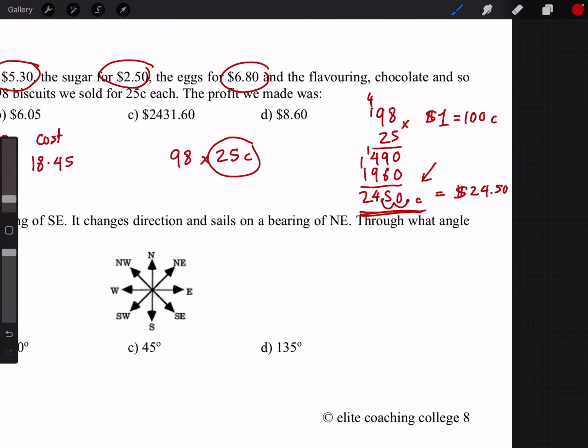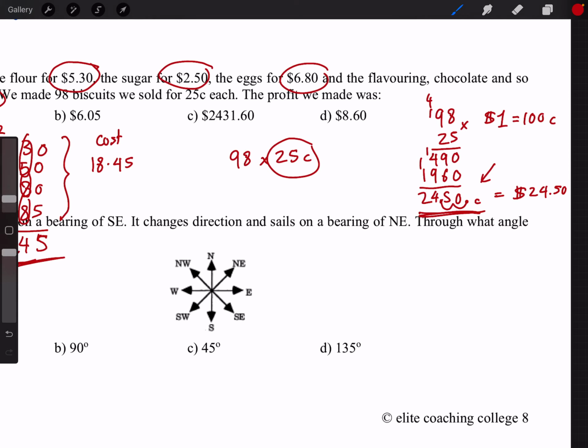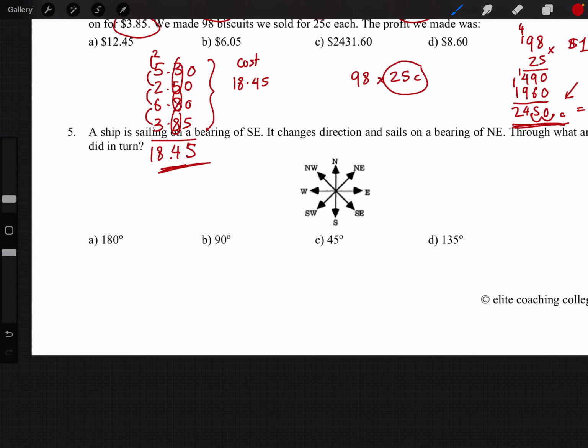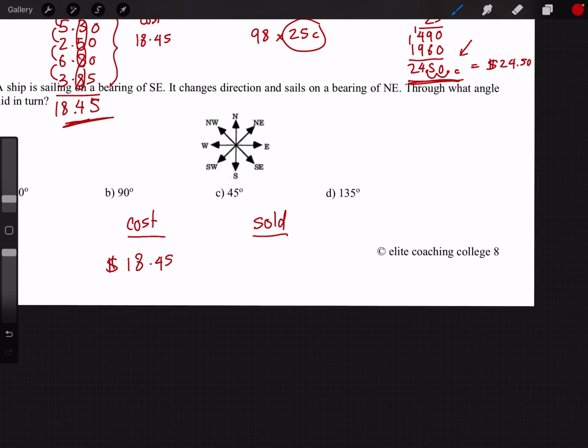All right. So it says the profit we made was what? So the cost was $18.45. We sold it for, let's see, how much was it again? $24.50.